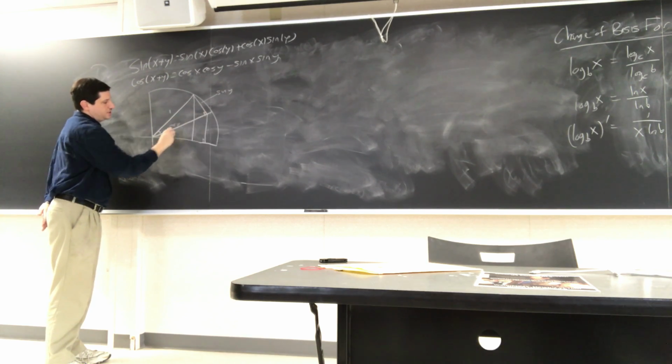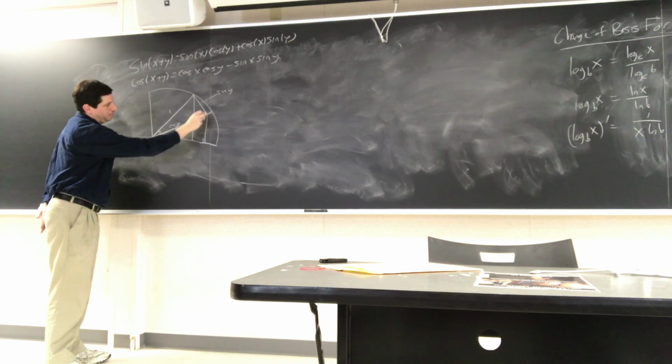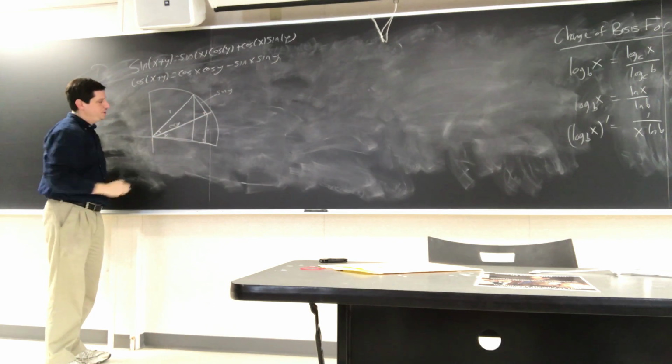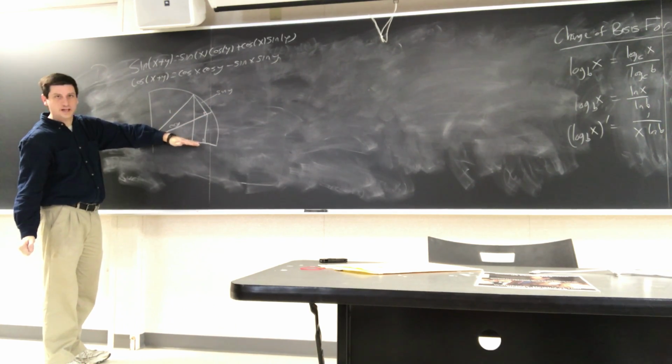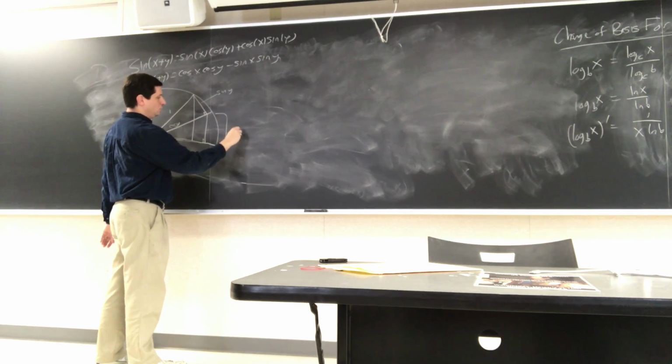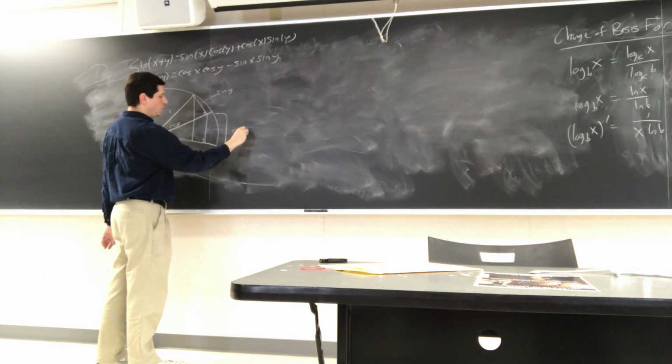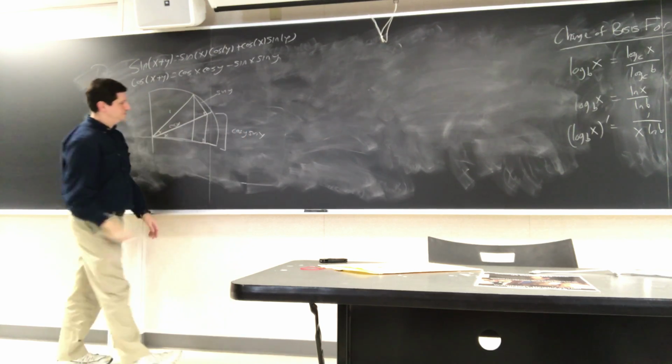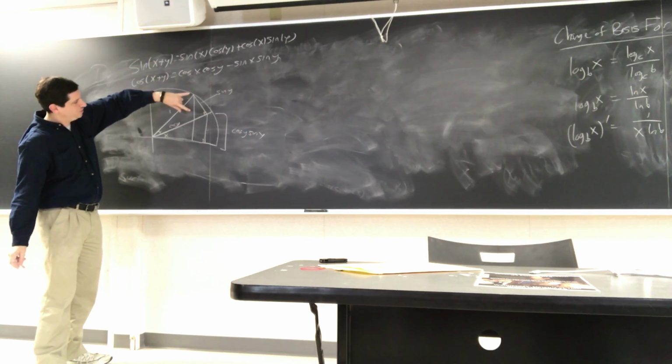And then to come down to here, this would be cosine y cosine x. And this length here would be cosine y sine of x. And then all I would have to do is figure out what this length is.